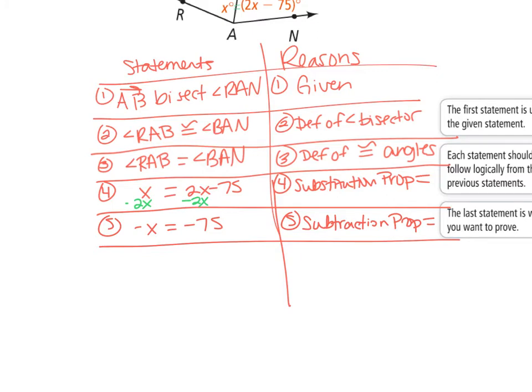That's our last step. How would you get the x? Looks like it's by itself, but that darn negative is in the way. So we have to get rid of that by dividing both sides by -1. So we just did the division property of equality. And so that would give me x equals 75.